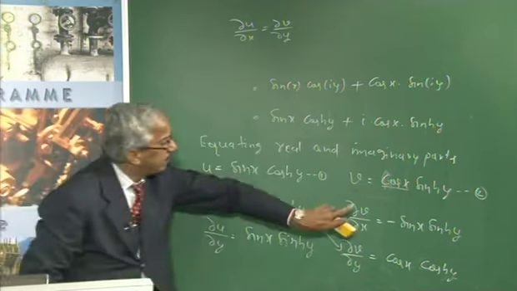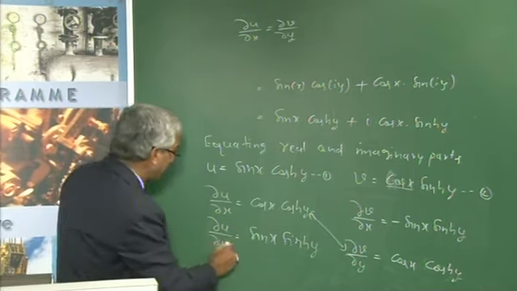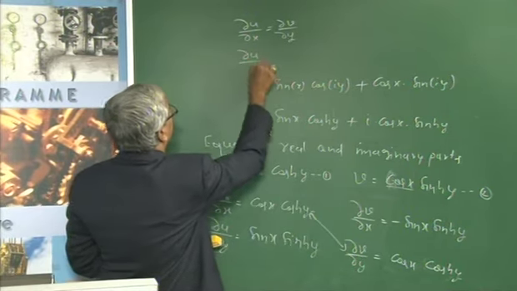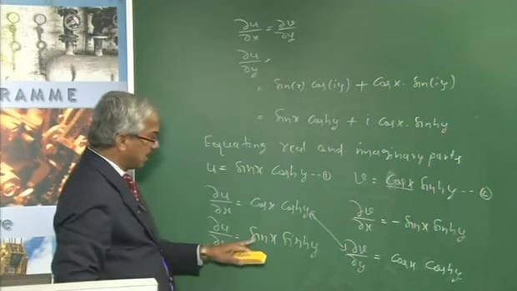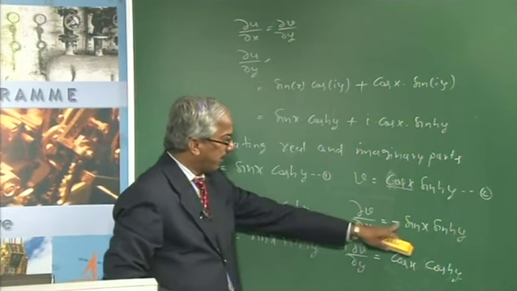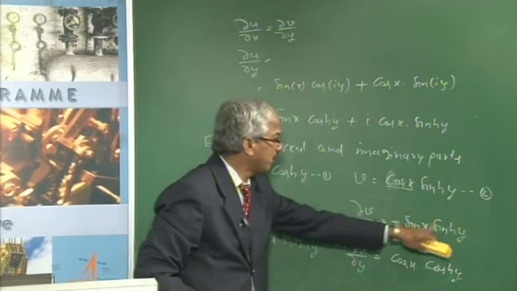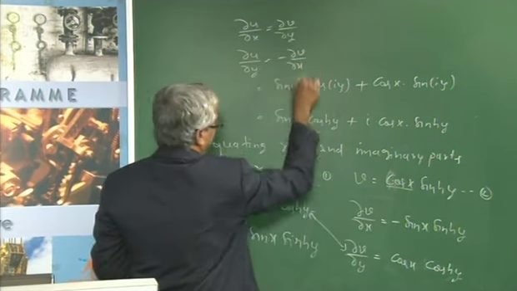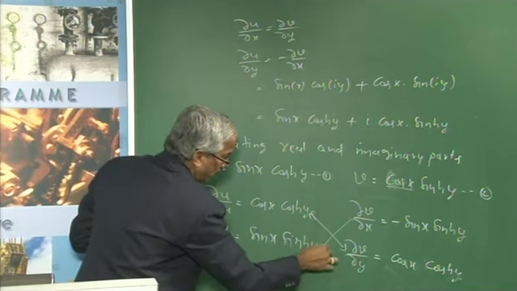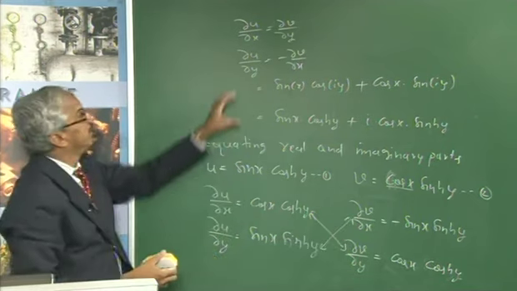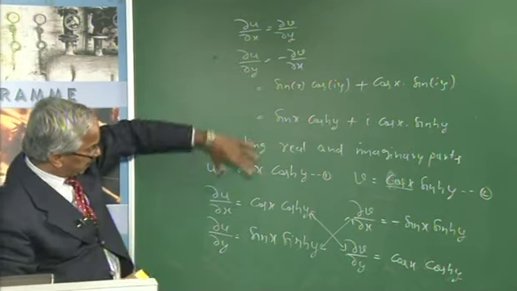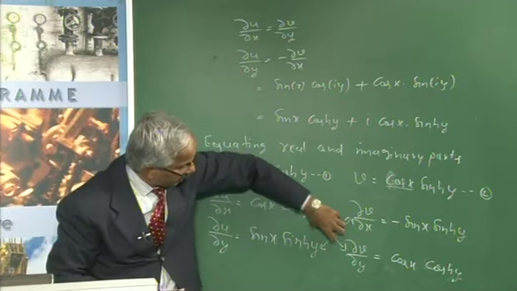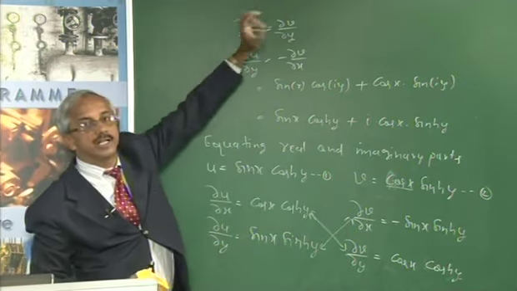Then for the other condition, dou u by dou y is equal to sin x sinh y, which gives minus dou v by dou x, since dou v by dou x is minus sin x sinh y. So these two relations satisfy the second condition, and the first two satisfy the first relation.